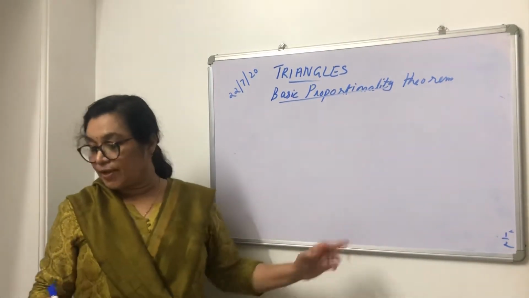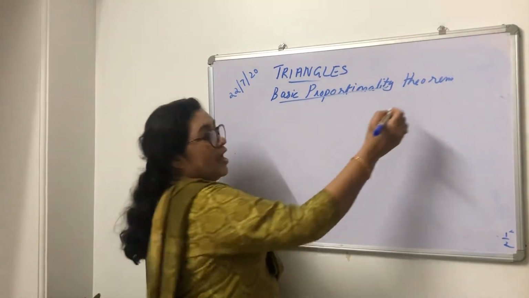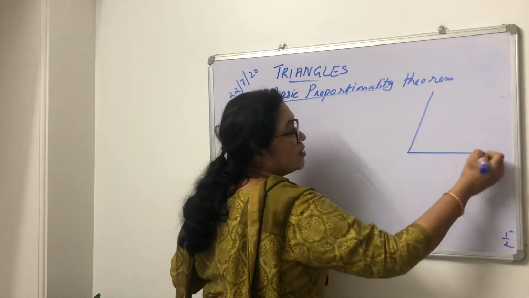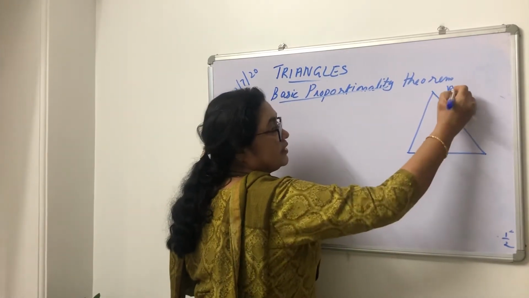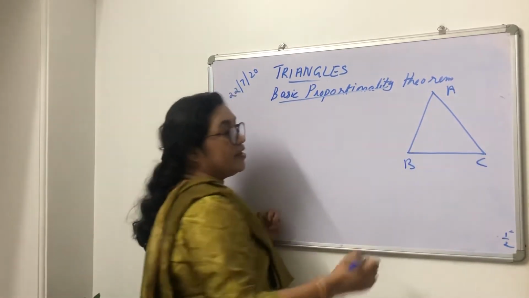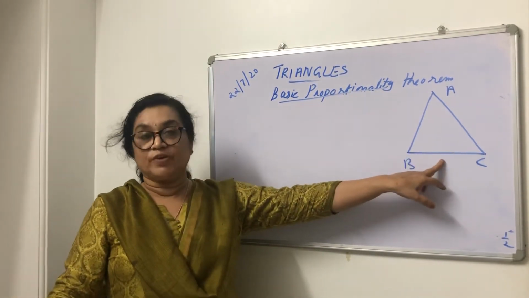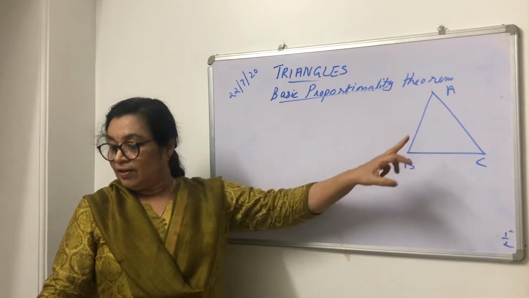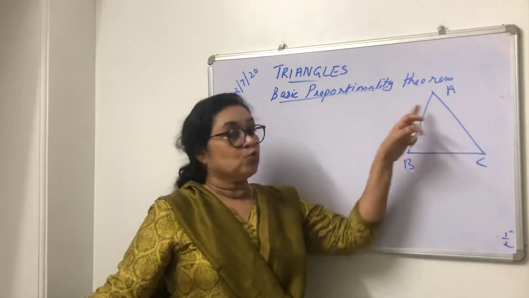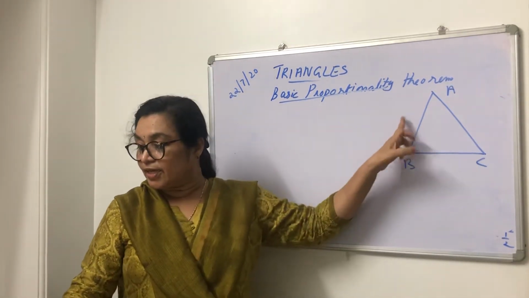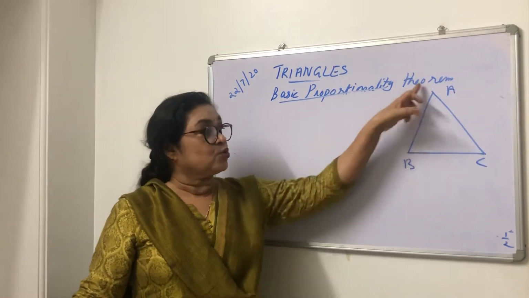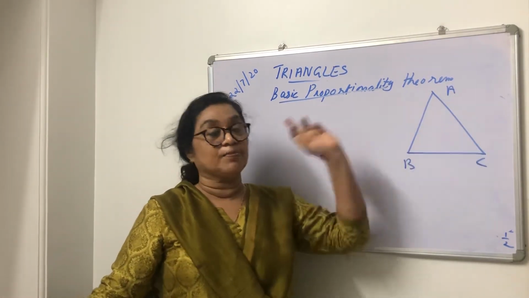Here in this theorem, ABC is a triangle. If a line is drawn parallel to one side of a triangle, intersecting the other two sides in distinct points, the other two sides are divided in the same ratio.